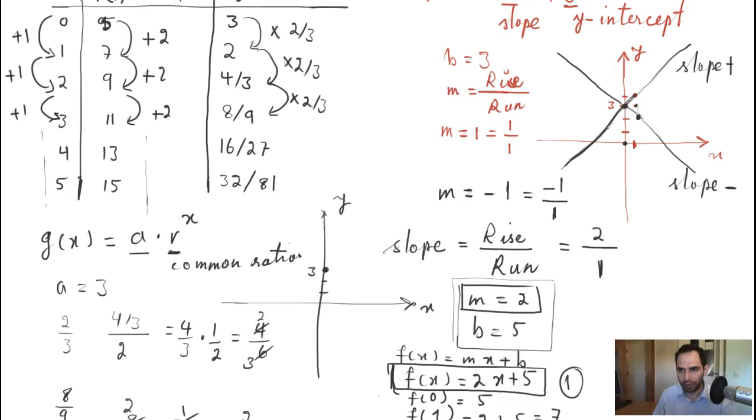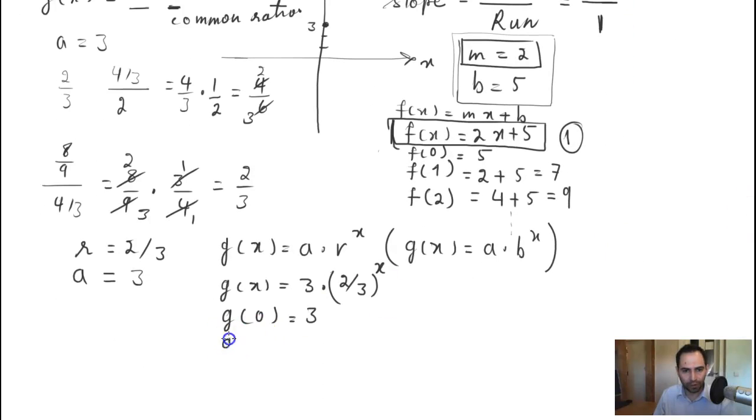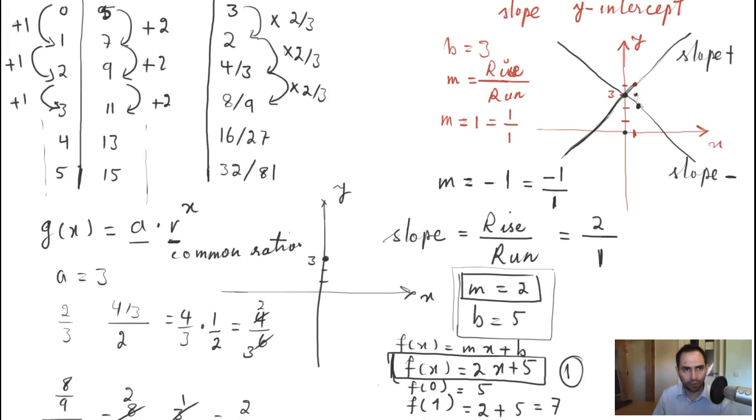Let's see what happens there. If your x is equal to 1, g of 1, then you will have 3 times 2/3 to the first power, which is 2. So when your input is equal to 1, your output is 2.